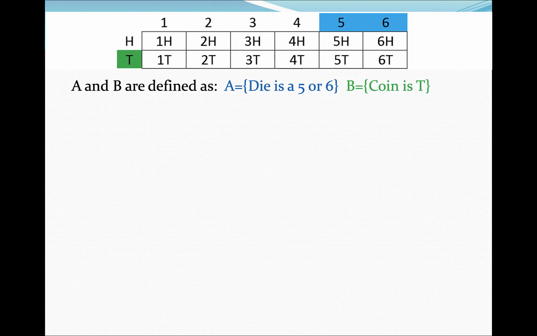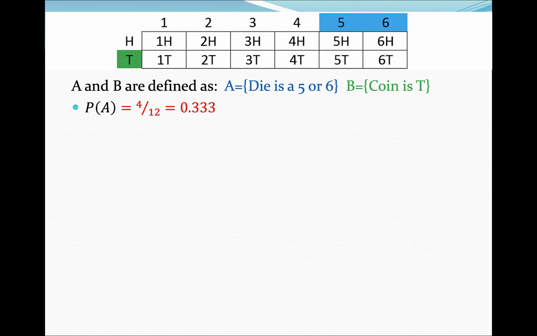Our numerator for the probability of A is going to be, well, how many of those outcomes satisfy getting a 5 or a 6? And we're just going to base this on the table that we have up there at the top. And we can see those last two columns have 4 possible outcomes. So the probability of A is those 4 outcomes that satisfy A over the 12 possible outcomes in our sample space.